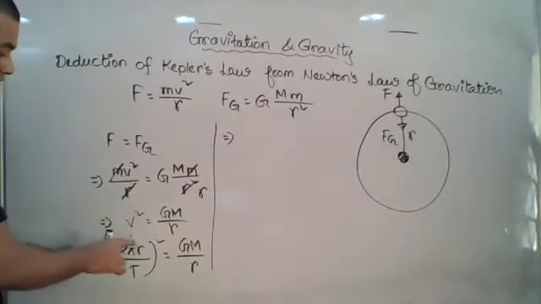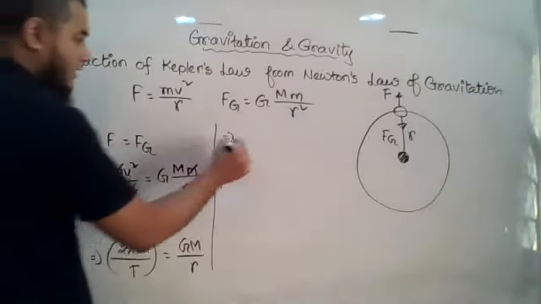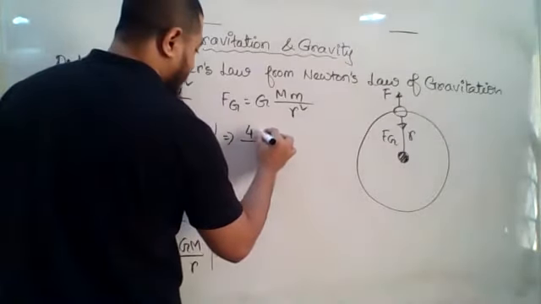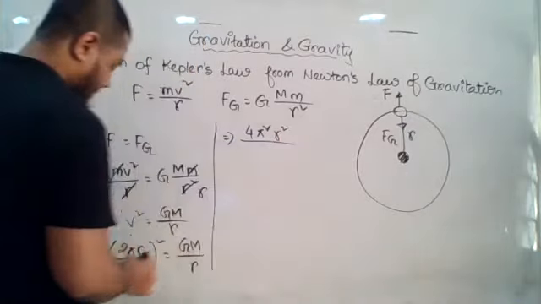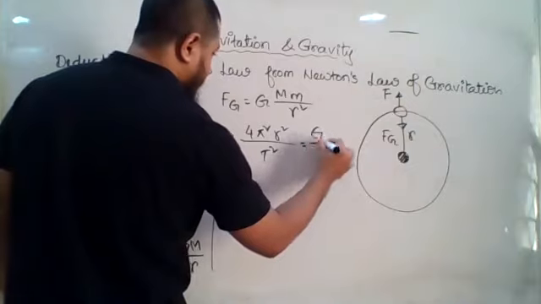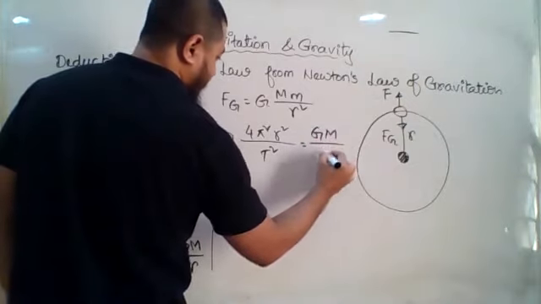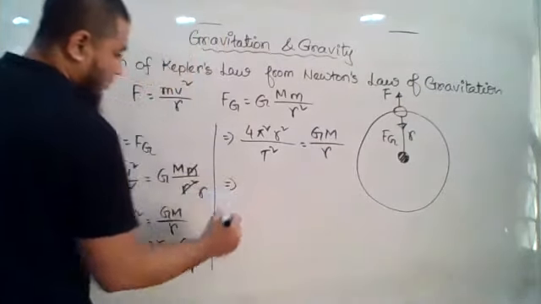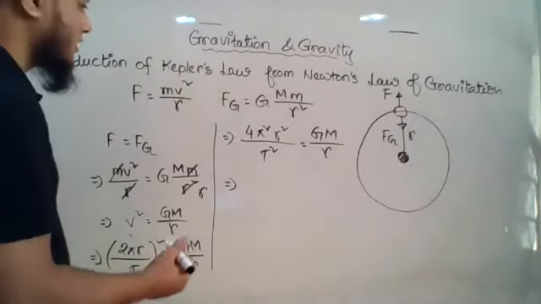Okay, then if I take the whole square, 4 pi square r square divided by t square will be equal to gm divided by r.